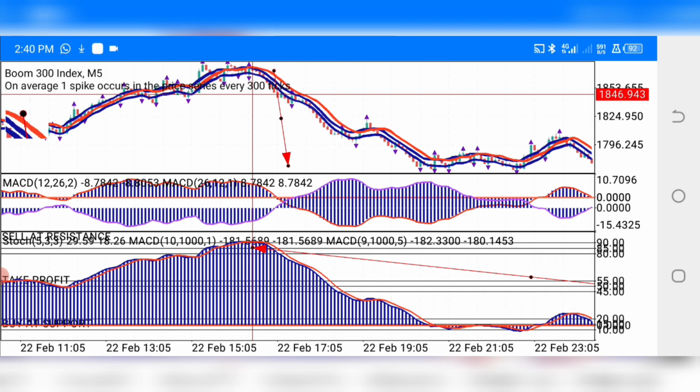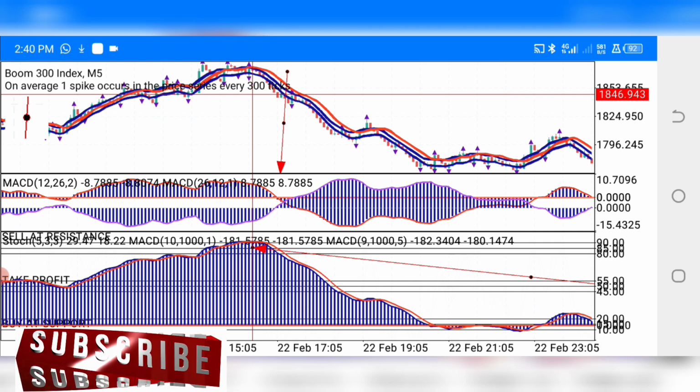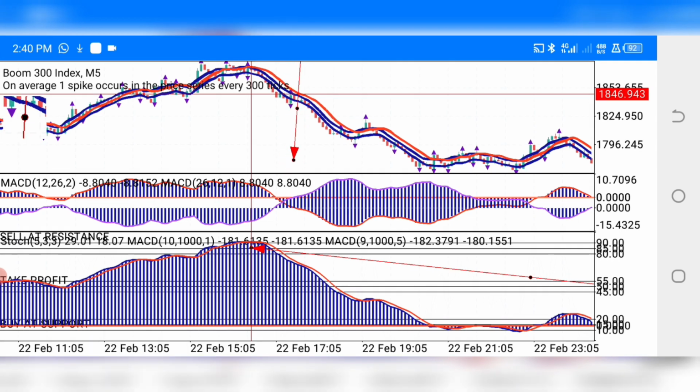Let me just put this so that you see. At the same time the market is breaking across the horizontal line, there is a change of trend in the market. They happen together.